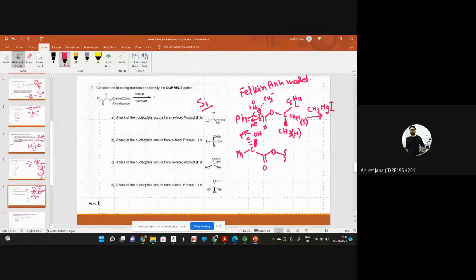So the methyl will attack from the Si face, and after hydrolysis the ester will be hydrolyzed, and we will ultimately get this product. If we rearrange this, it will eventually lead to this product. So the attack of the nucleophile occurs from the Si face, which we have already seen here, and the product after hydrolysis will be this one.